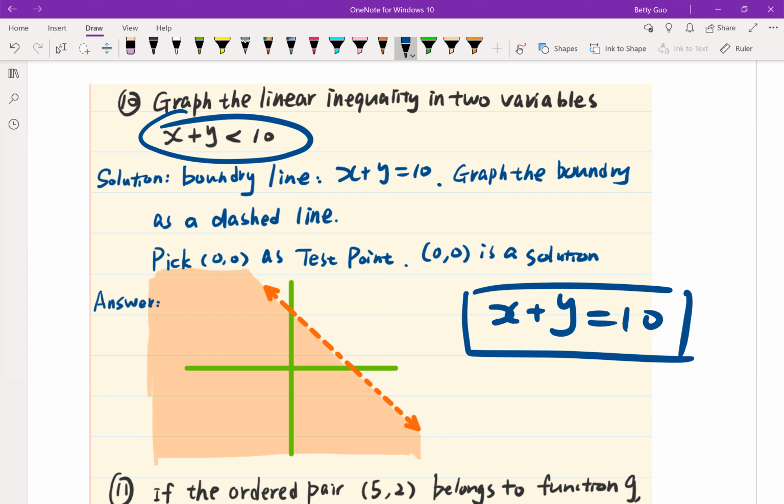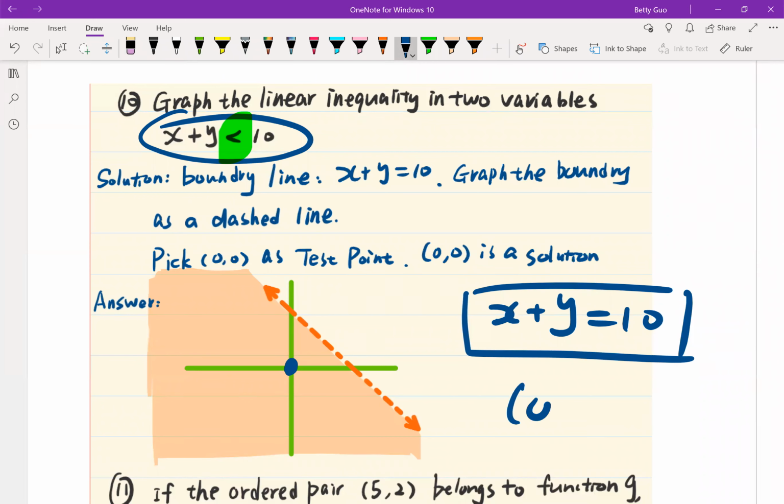The reason we graph it as dashed is because the inequality symbol in the original inequality is strictly less than, right? It does not have the equality in it. So we draw the boundary dashed. That is step one.